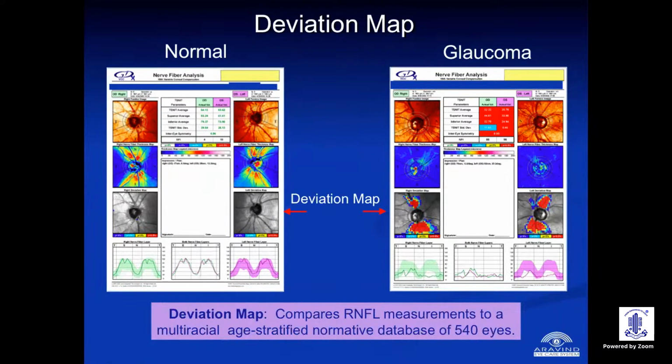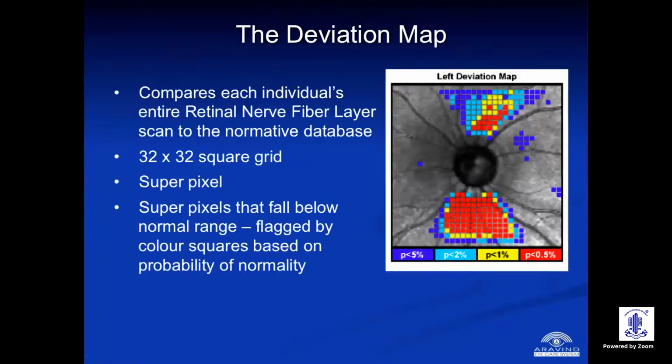The deviation map reveals the location and severity of the retinal nerve fiber layer loss displayed with color-coded superpixels. So this is the deviation map. This is the normal, and this is highly suggestive of glaucoma. This is based on the probability level. The deviation map compares each individual's entire 3D retinal nerve fiber layer scan to the normative database, and reveals the location and magnitude of the retinal nerve fiber defects.